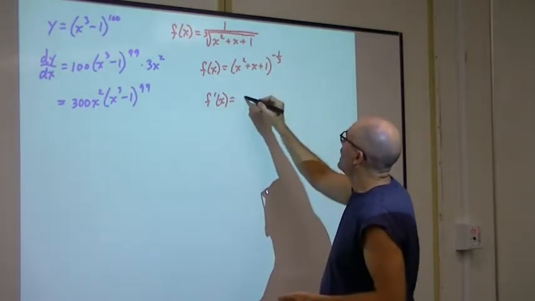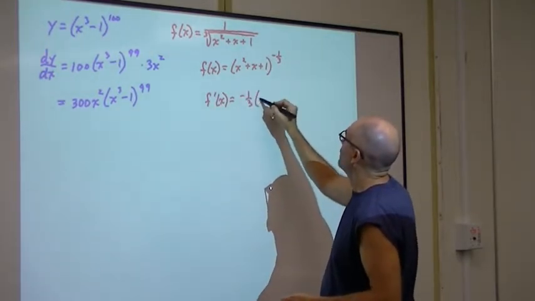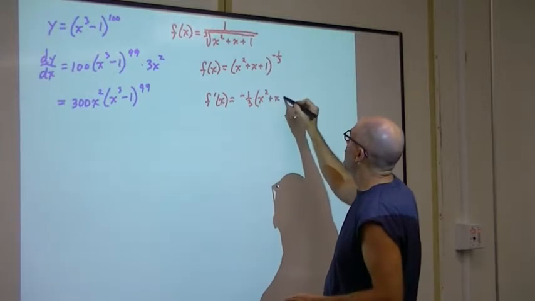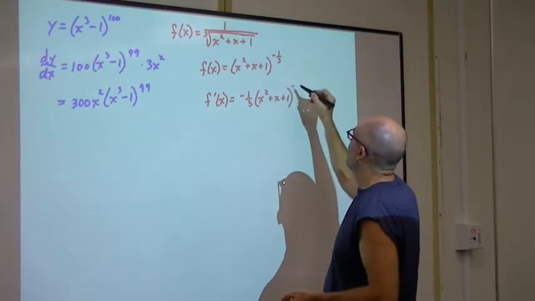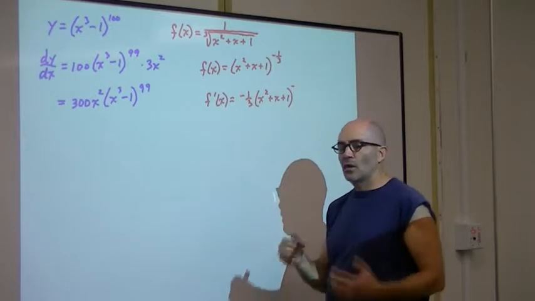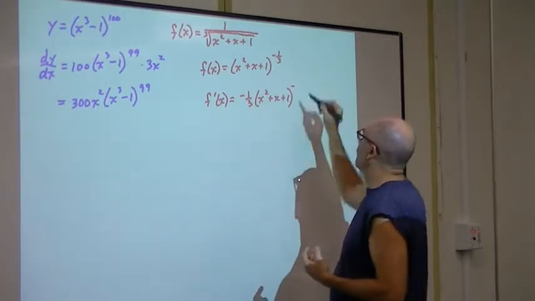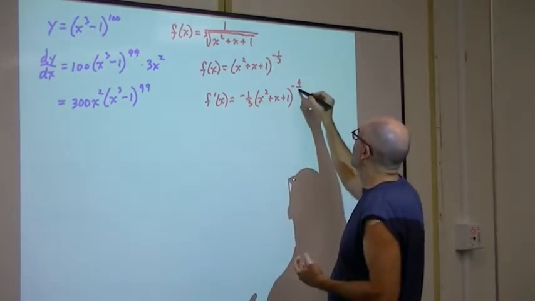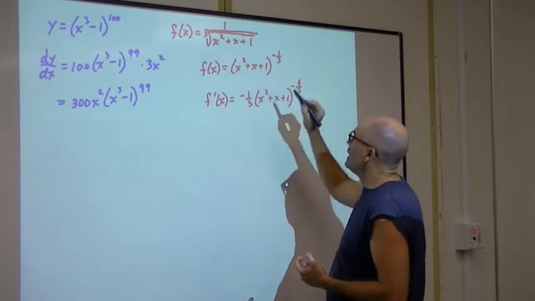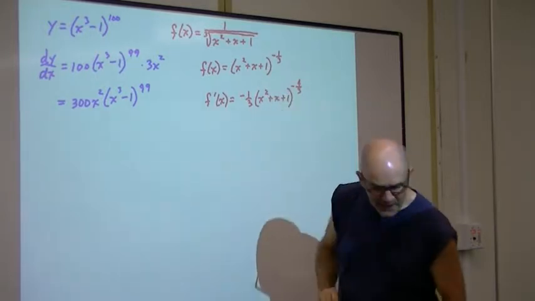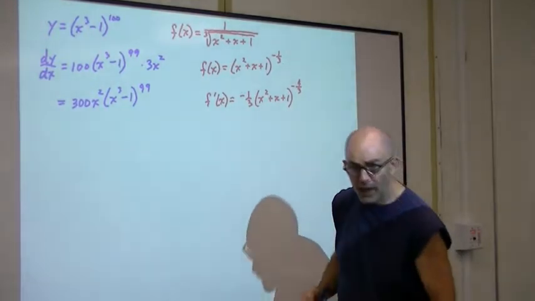So I go negative 1/3 times (x squared plus x plus 1) to the, now drop that by 1. Well, negative 1/3 minus 1 is negative 4/3. Now we need to take the derivative of the inside because we need the chain rule.